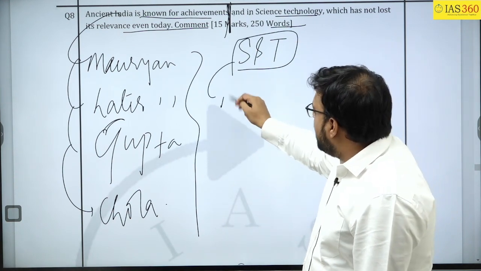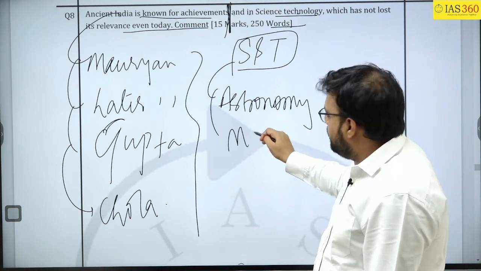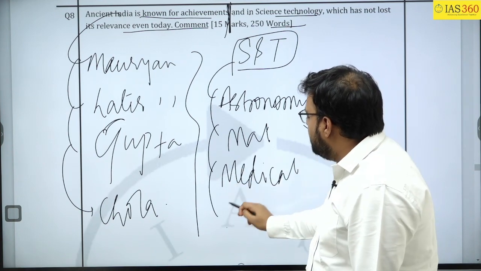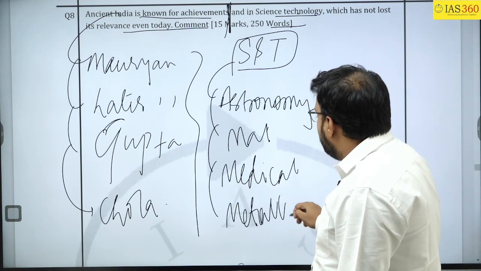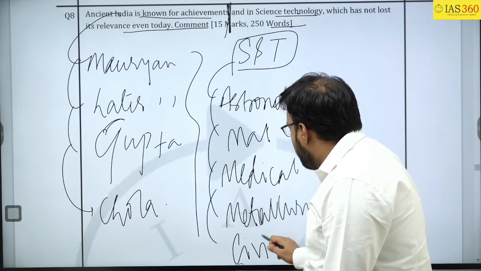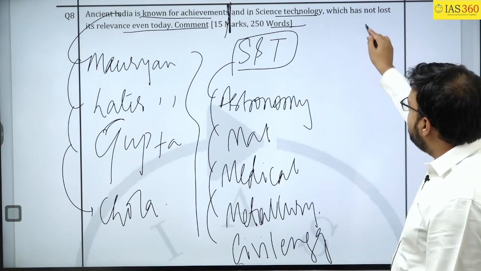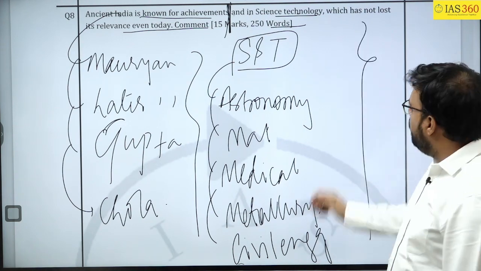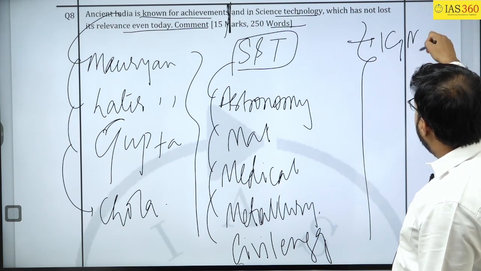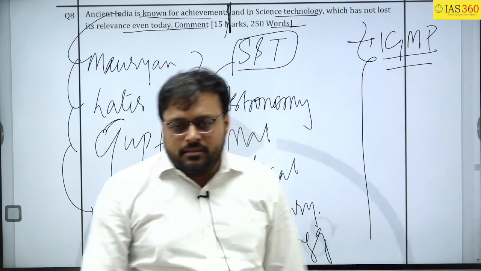Here you can talk about astronomy, mathematics, medical, Sushruta, Charak Samhita, metallurgy, civil engineering, very good. So these are the things you can write here. And then how it is evident today. Then you can talk about ICBM, Integrated Guided Missile Program, based on the Brahmastra system.